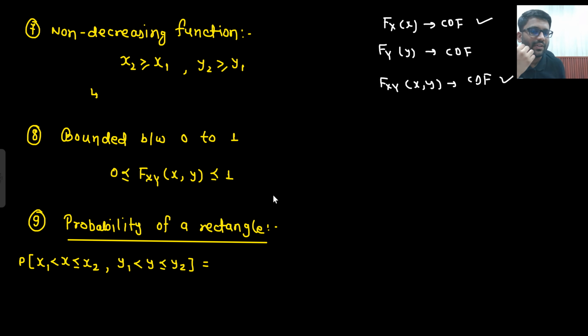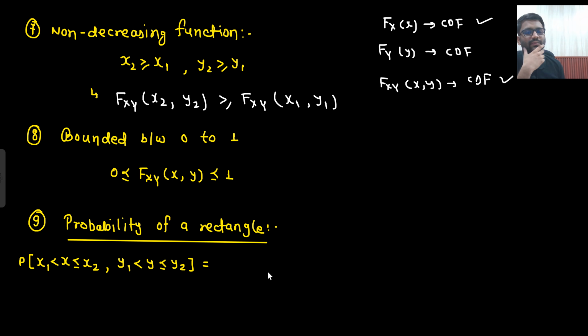So if x2 is greater than x1 and y2 is greater than y1, that means your fxy of x2 y2 would be greater than or equals to fxy of x1 y1. Say yes or no? Because it is a non-decreasing function, no? So if x2 is larger, then joint CDF with respect to x2 will also be larger. If y2 is larger, then joint CDF with respect to y2 will also be larger. If x1 is lower, then joint CDF with respect to x1 and y1 will also be lower. There you go. Right? Very, very simple.